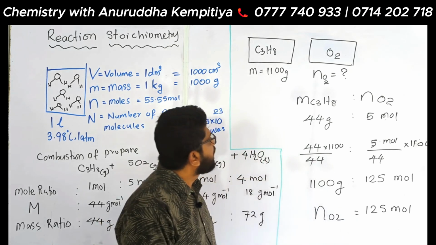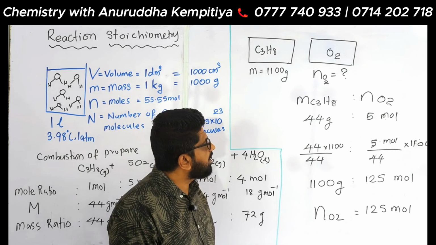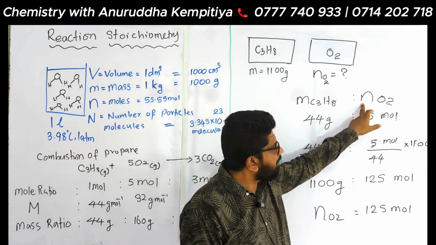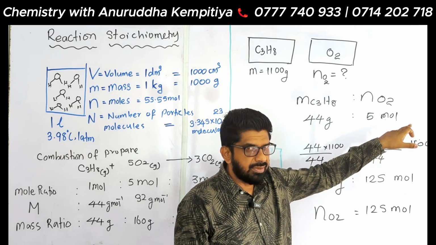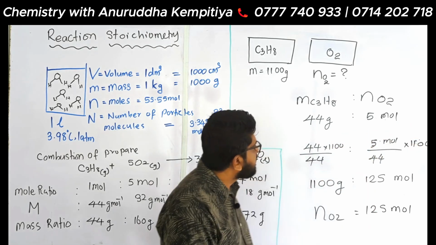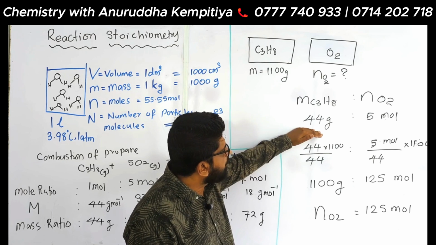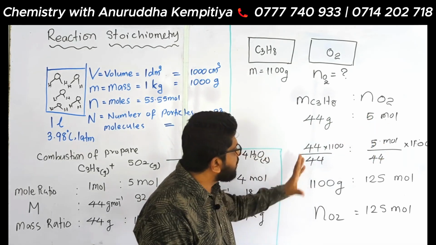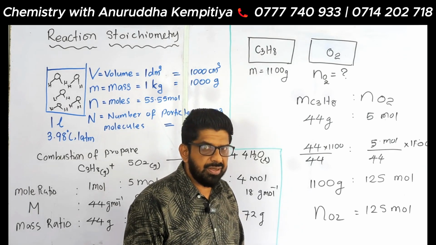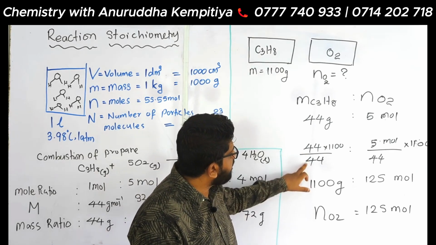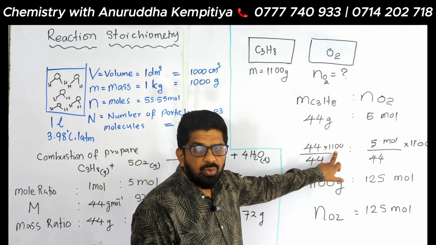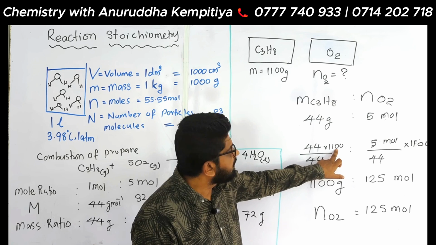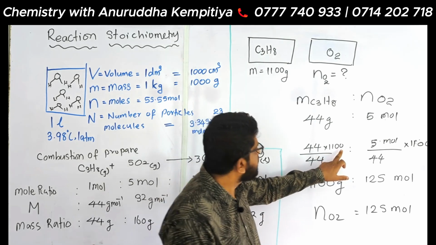So I am going to write the stoichiometric relationship. Mass of propane is to number of moles of oxygen. It's a cross relationship. Right. Then 44 grams requires 5 moles. So I am going to use the method I used previously. I divide by 44 and multiply by 100. 1100 grams.